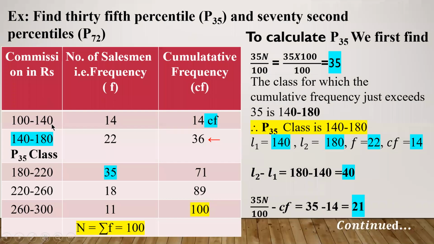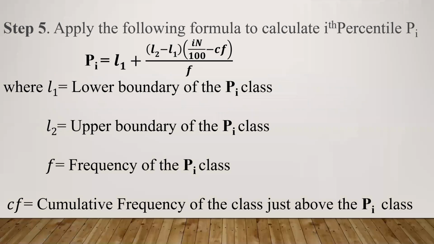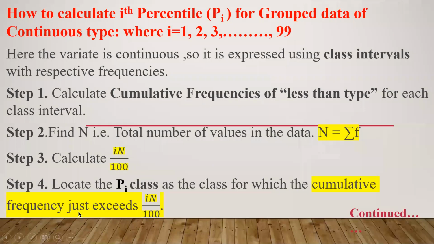Now let us take one exercise. If you want, I will keep this in front of you for some time so that you can go through it, and then we will start with the exercise.